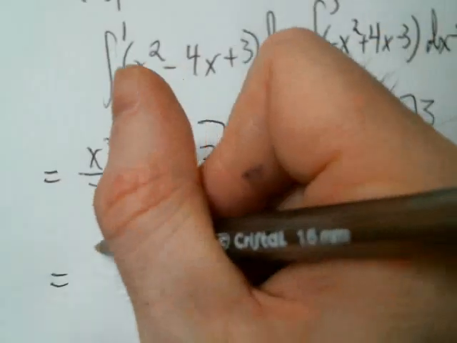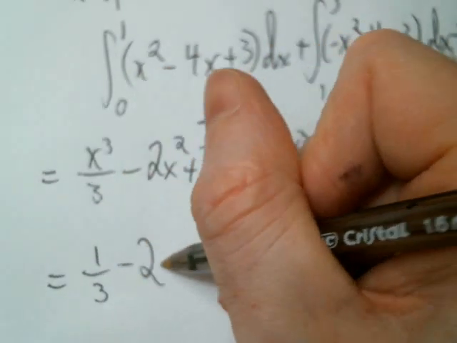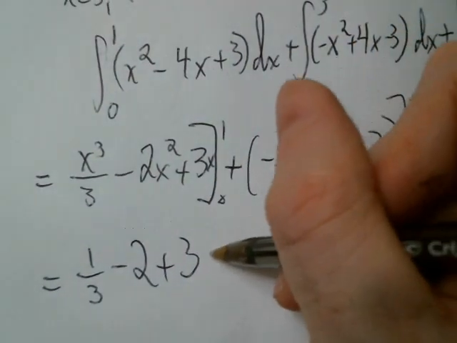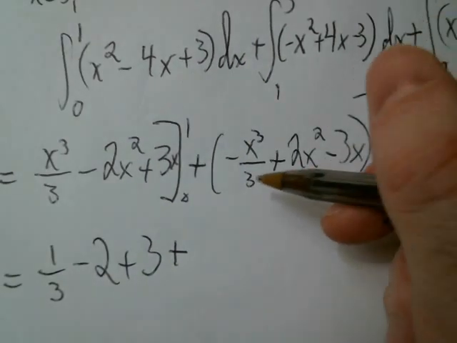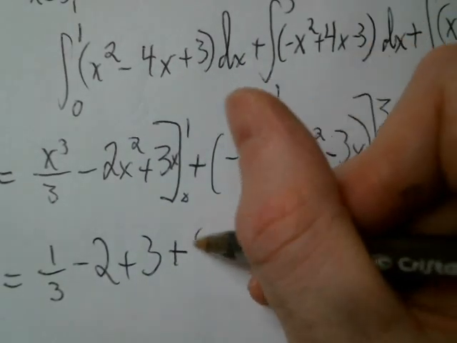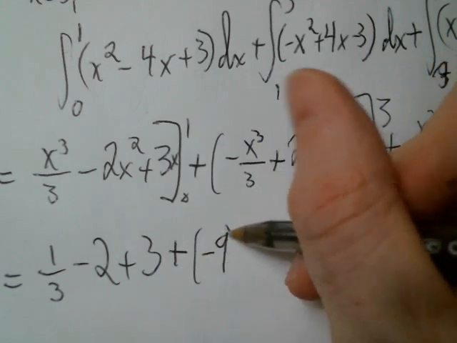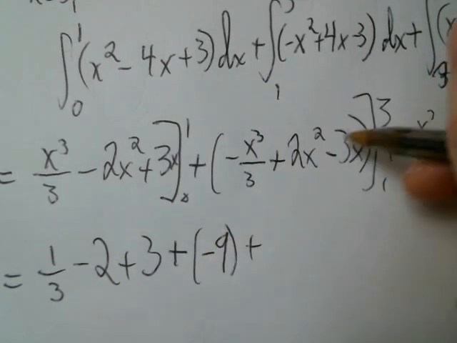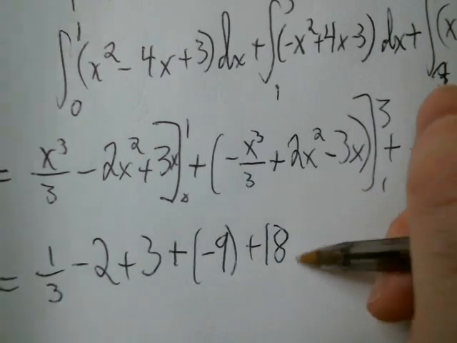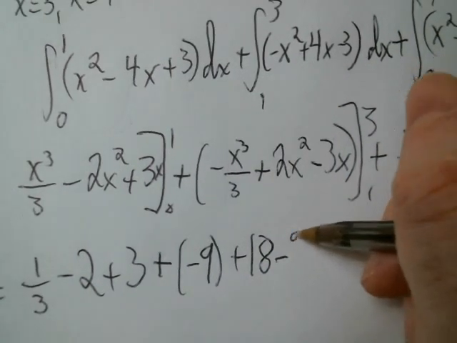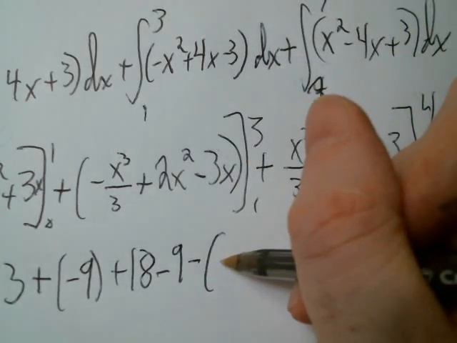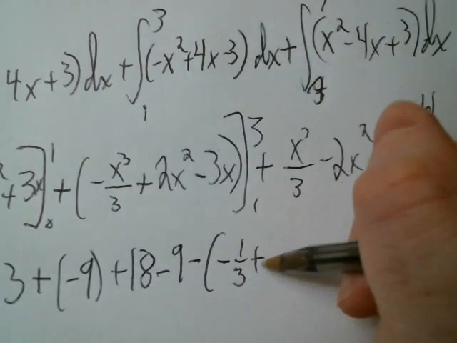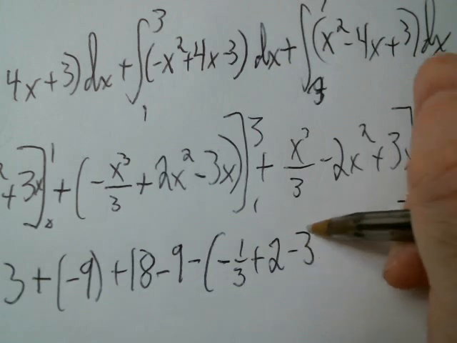Right. So this will be 1/3 minus 2 plus 3. Then plus, if I plug in 3, I'll get 27/3, which is negative 9, plus 9 times 2 is 18, minus 9, and then minus, when I plug in 1, I'll get negative 1/3 plus 2 minus 3.